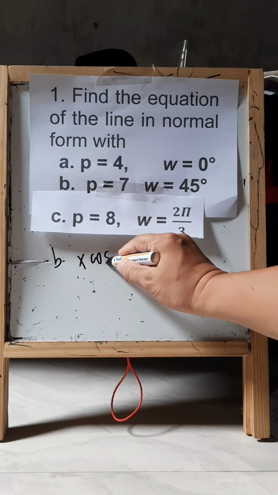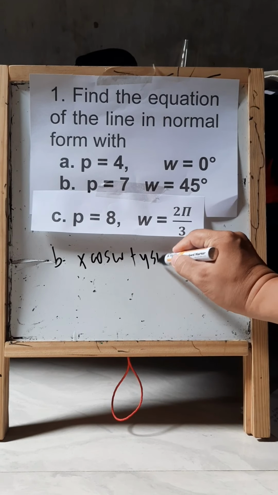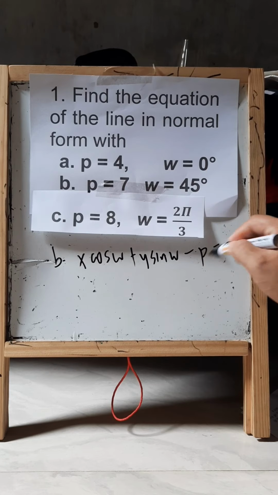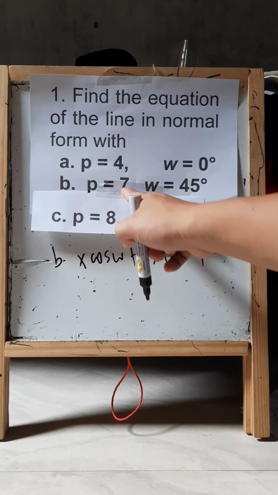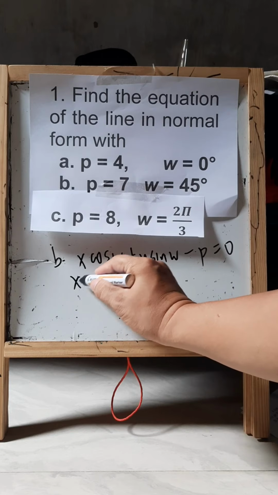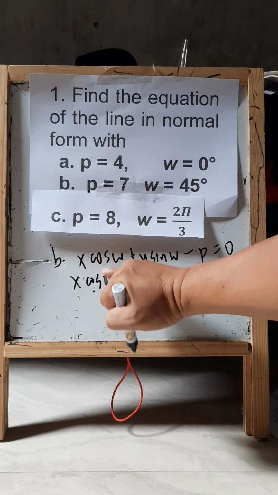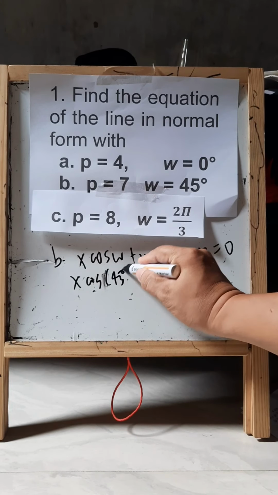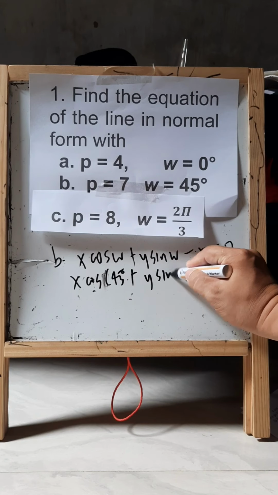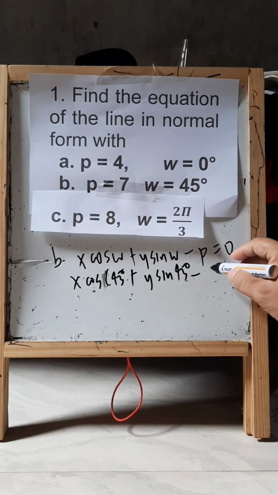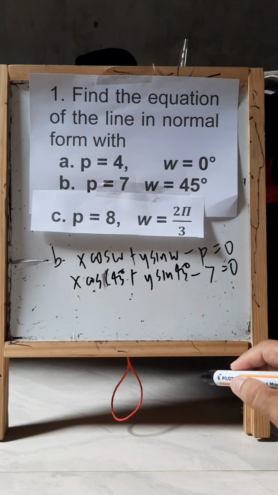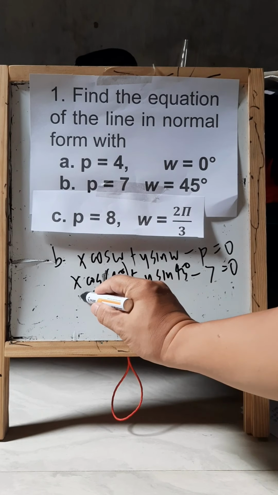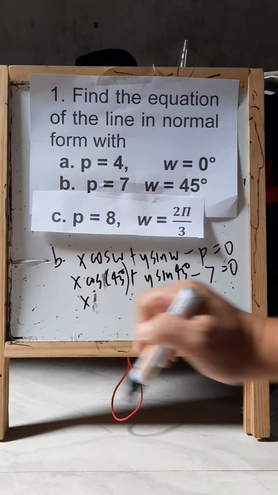Let's first write the normal form of the equation of a line, since P and W are given. So P is 7, W is 45. So from the formula, we're going to substitute W by 45 degrees, minus P is 7. Now using your calculator, what's cosine 45?